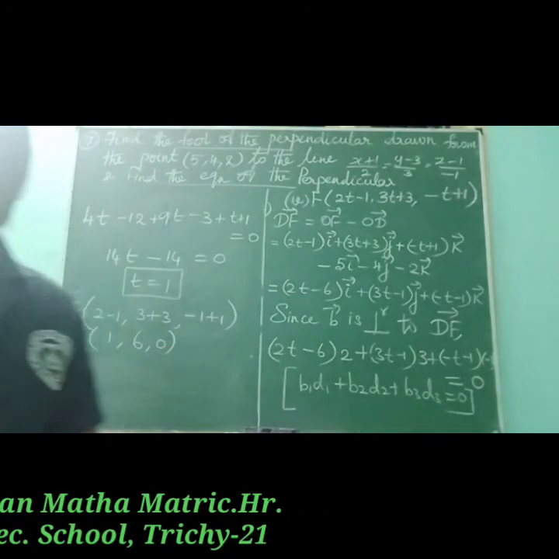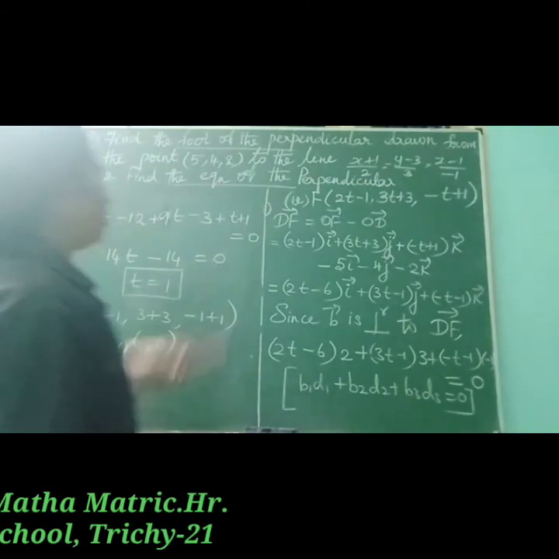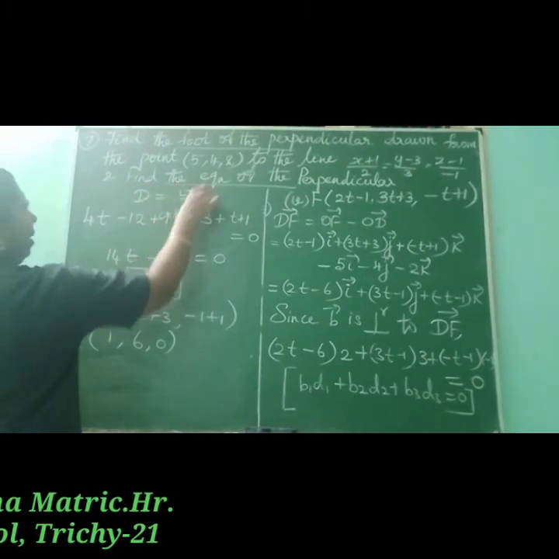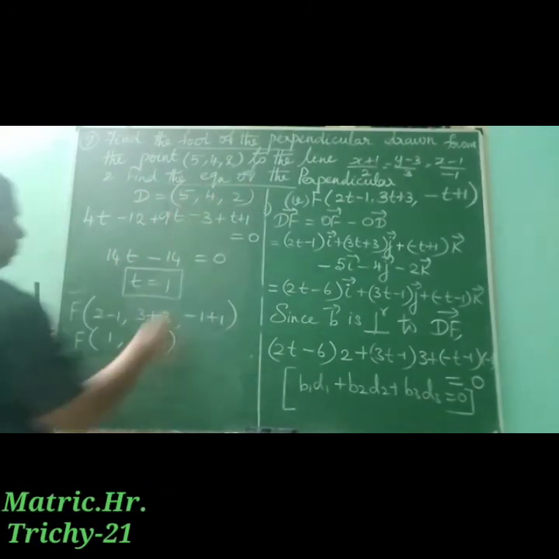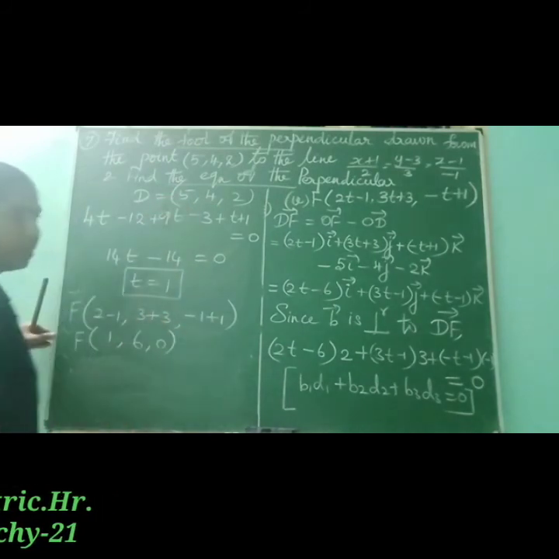After getting the point F, the last step is to find the equation of the perpendicular. The point D is given as (5, 4, 2). Point F is (1, 6, 0). Now we have two different points.